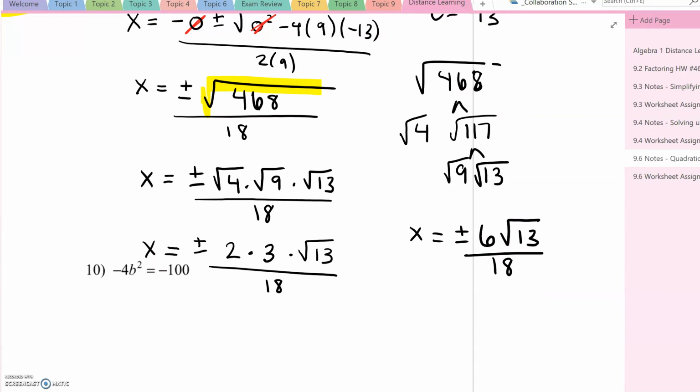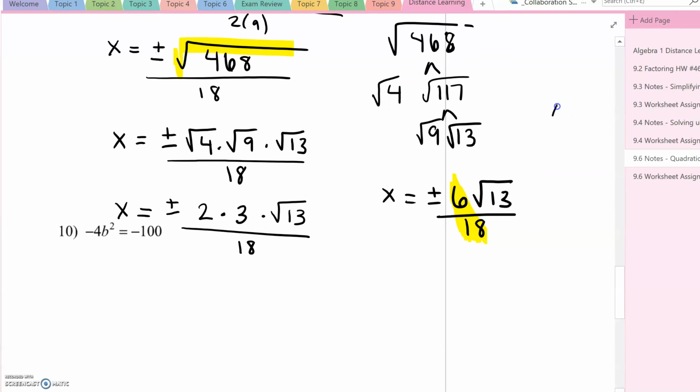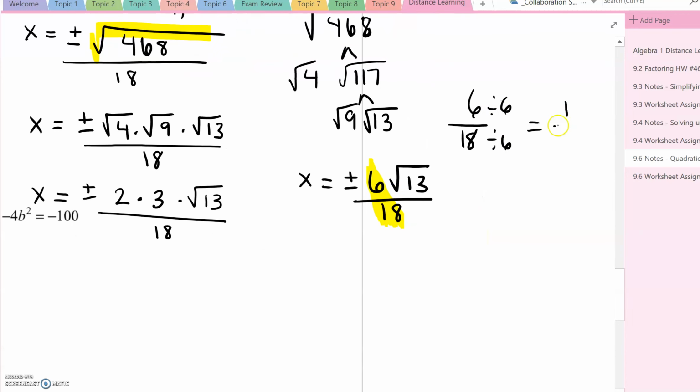Now, because there's no addition or subtraction sign in between anything and we are multiplying everything here, we can simplify 6 over 18. Both of those divide by 6, to give us 1 over 3. So this becomes x equals plus or minus 1 square root of 13 over 3.